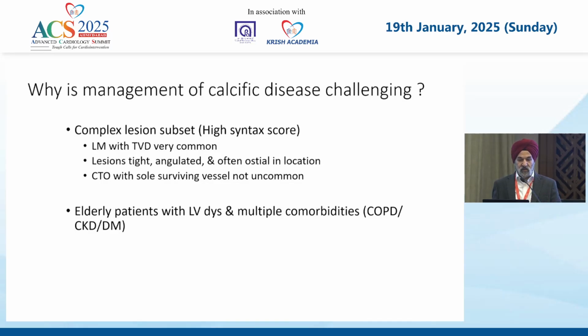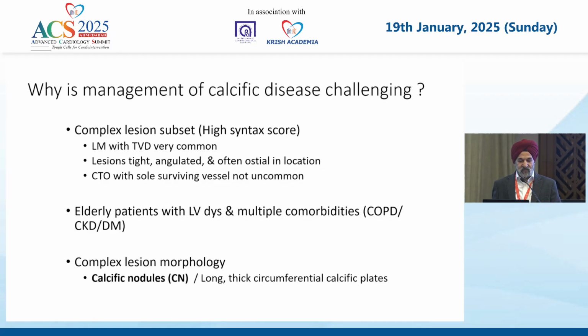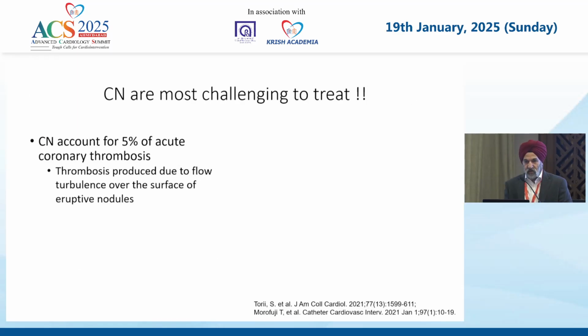It's not uncommon. And if you look at the lesion morphologies, calcific nodules and thick circumferential plates, it's these morphologies which make the procedure even more complex. Now, if we look at calcific nodules in the subset of ACS, they account for about 5% of the patients presenting to us with acute coronary syndrome.